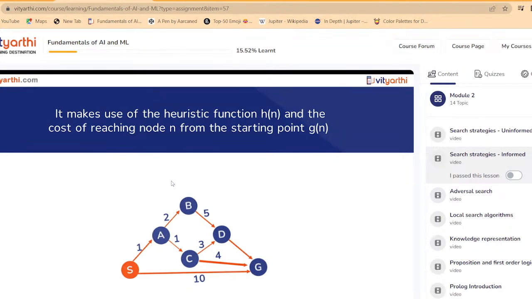It combines the features of uniform cost search and greedy best first search to efficiently solve the problem.